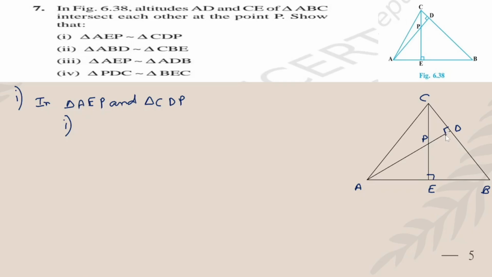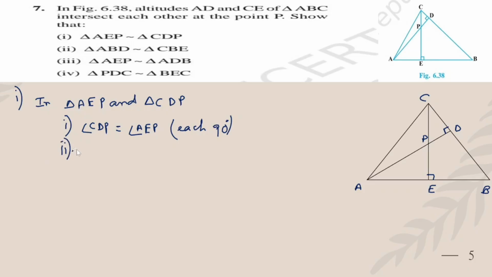Since these are right angles, this side is also a right angle and this side is also a right angle. So in AEP and CDP, angle CDP and angle AEP, 90 degrees, they are equal. So we write angle CDP equals angle AEP, because each is 90 degrees.